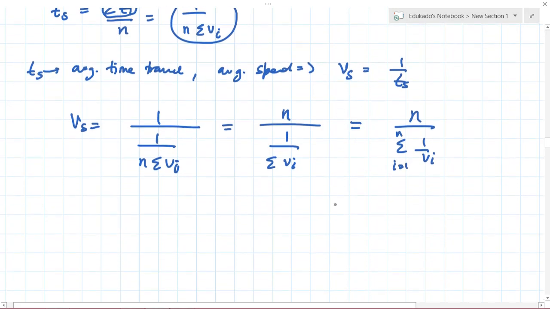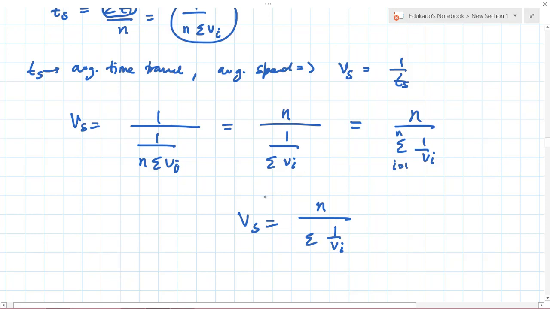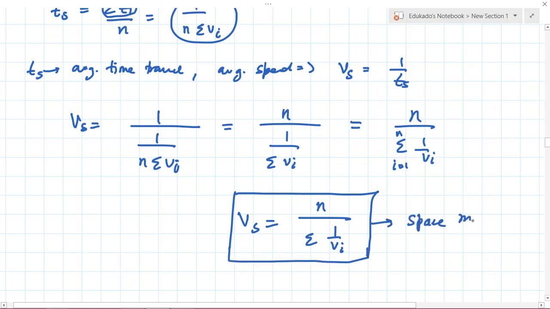So over here what you have calculated is Vs is equal to n divided by summation of 1 upon Vi. This is what you call the space mean speed. This is how you proceed with it.